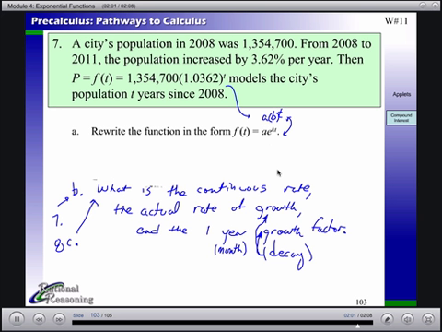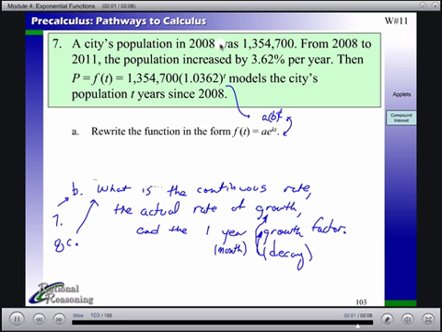So what does b match up with in that second equation? This is the real key thing here.